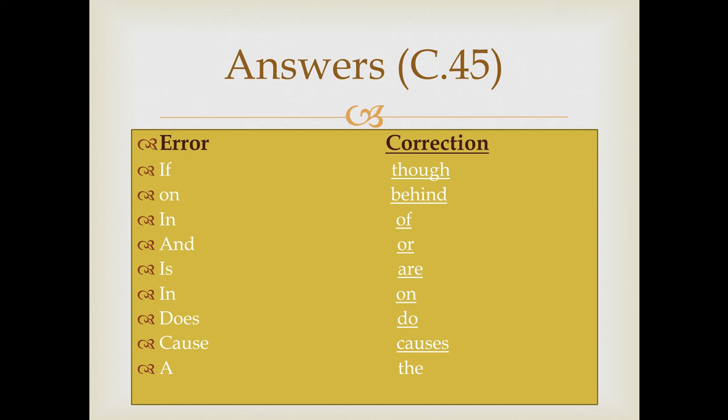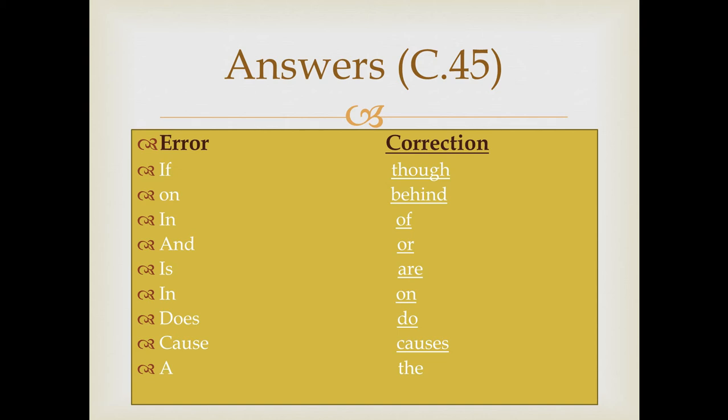Even if Indians have a long history. Now that is incorrect. Even though Indians have a long history behind them, not on them, because history is always about the past. So we have it behind us.